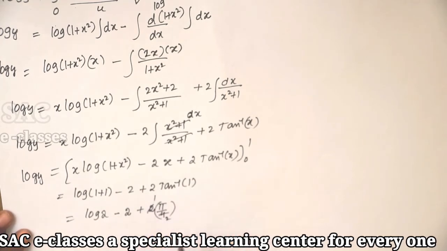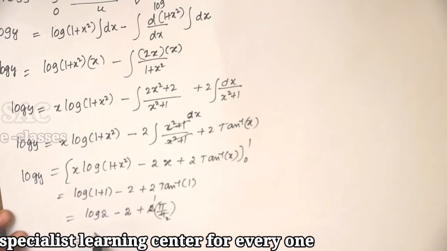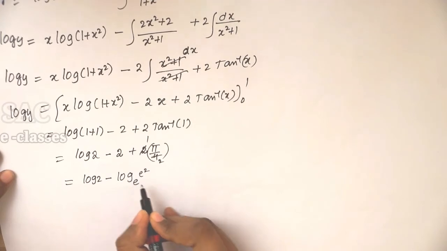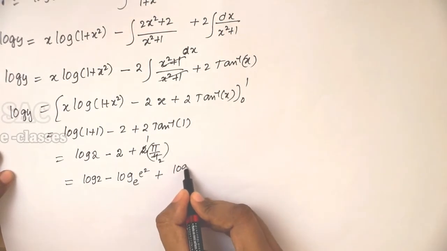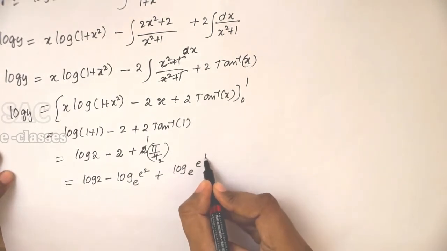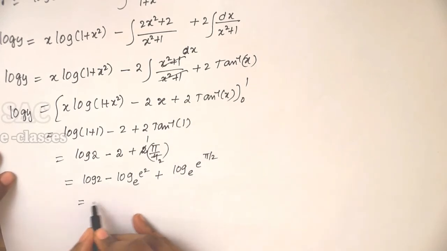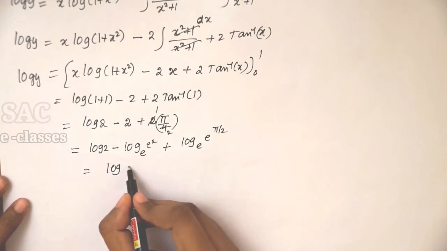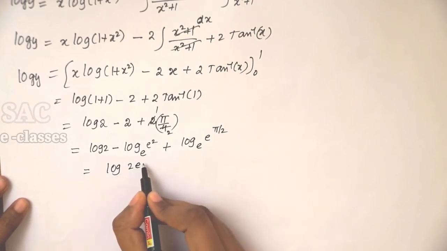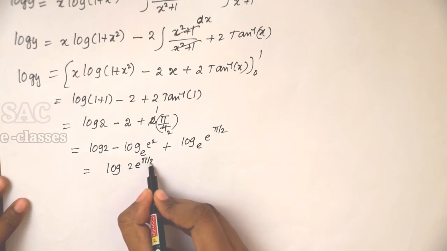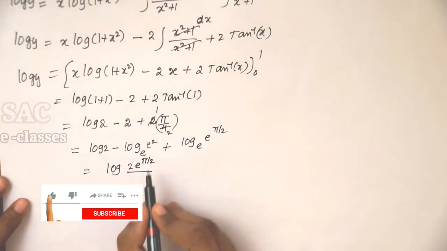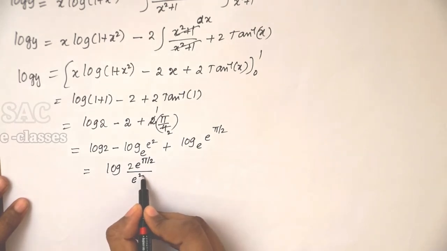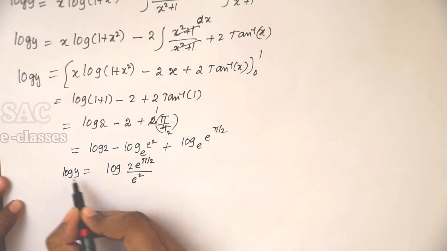So here log 2 minus log of e square to the base e plus log of e power pi by 2. To make it into the simplest form, the positive terms we multiply, log of 2 into e power pi by 2, and the ones under subtraction we take as a denominator, which is equal to log y.